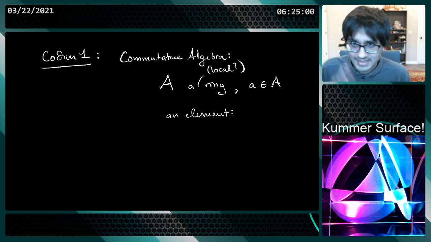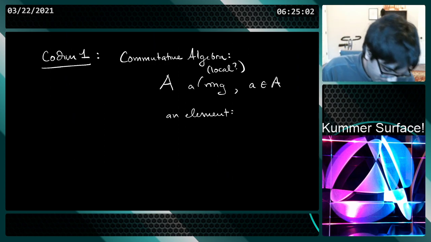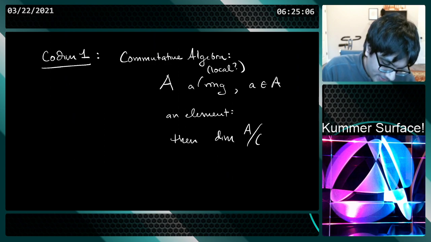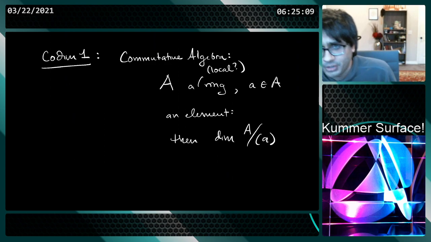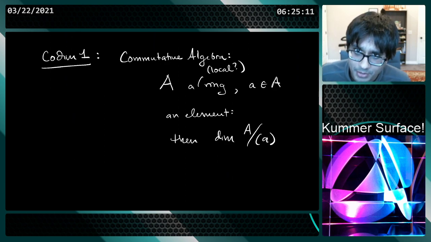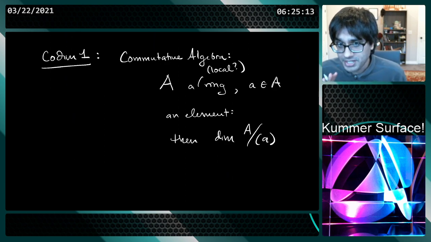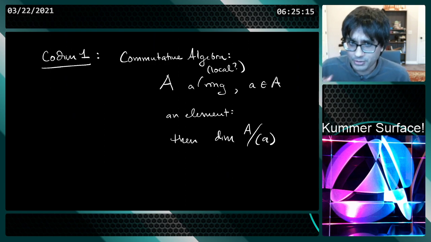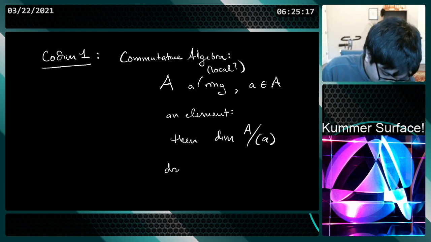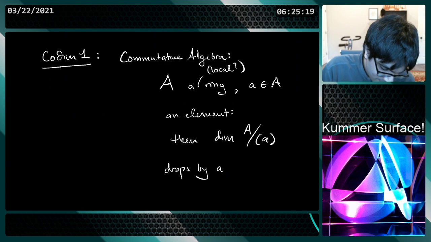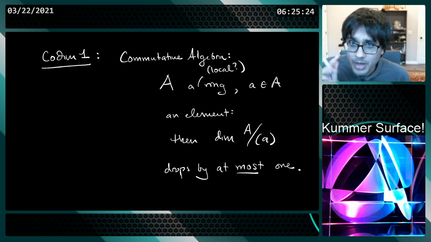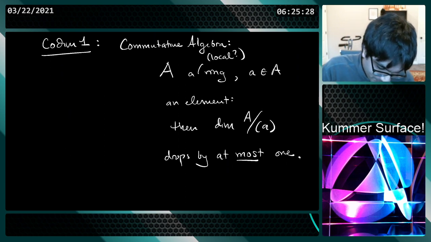then when you set that element equal to 0, and you look at the resulting new ring, the quotient by that principal ideal, this dimension drops by at most 1. And it drops by 1 when your element is a non-zero divisor.